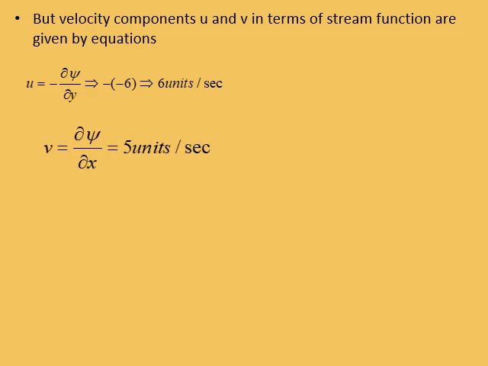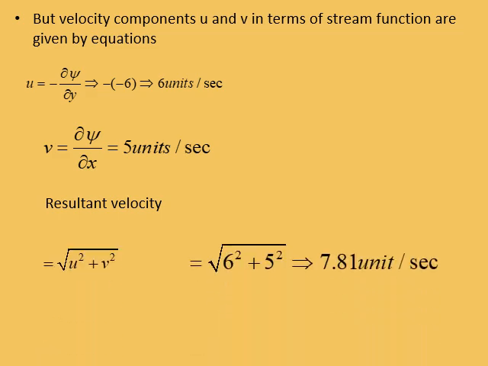Similarly, v is equal to dou xi by dou x, so that is equal to 5 units per second. Now resultant velocity is equal to square root of u square plus v square, and the values are substituted and simplified, and that resultant velocity is equal to 7.81 units per second.